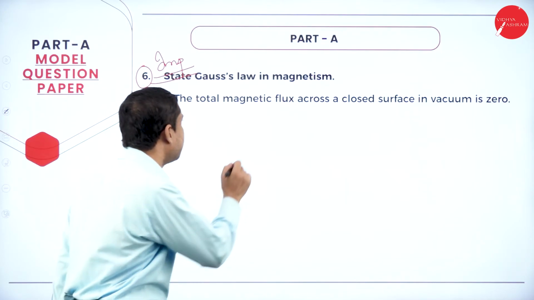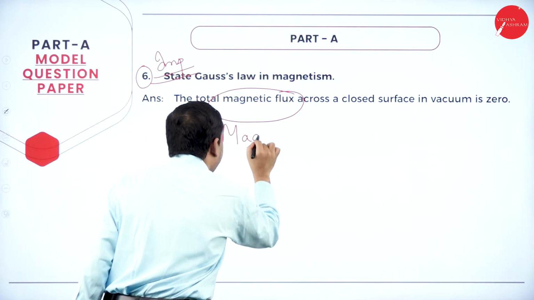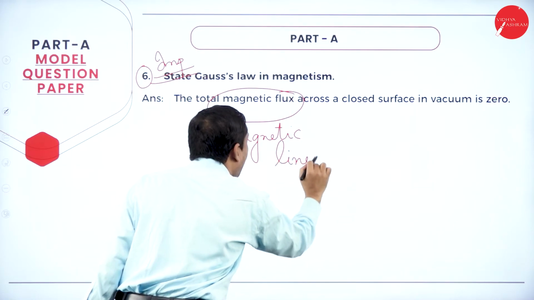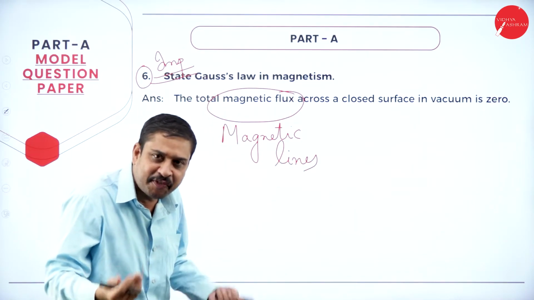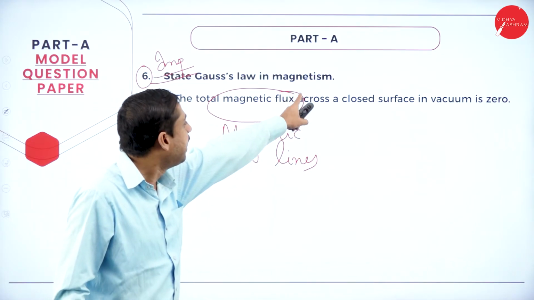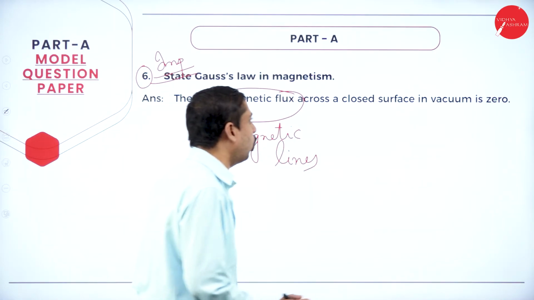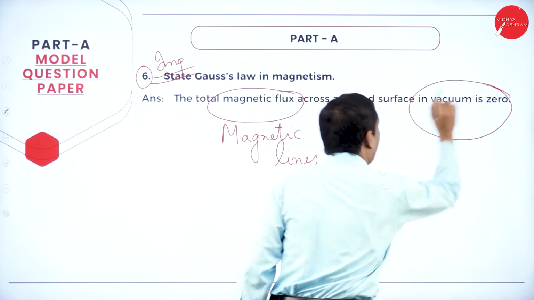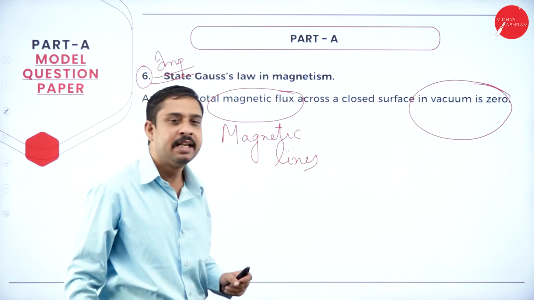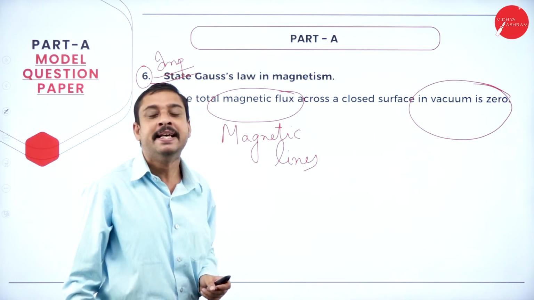It states that magnetic flux, which is nothing but magnetic lines of force, across a closed surface in vacuum is zero. Magnetic flux and magnetic lines of force are the same.